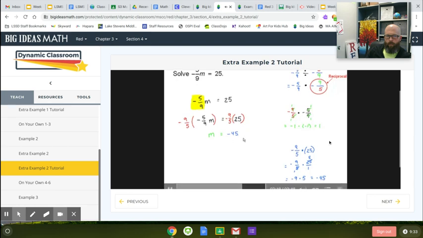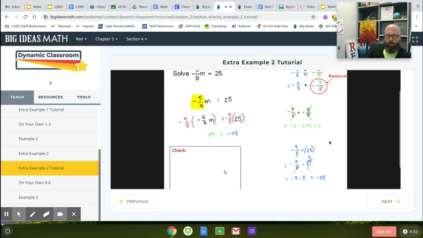Let's check our solution. Using the original equation, we can substitute negative 45 in for the value of m. So let's check. Does the left-hand side of the equation equal the right-hand side? Let's multiply on the left-hand side. Negative 5/9 times negative 45.